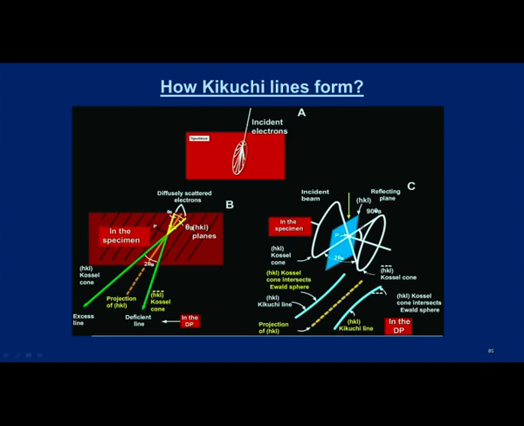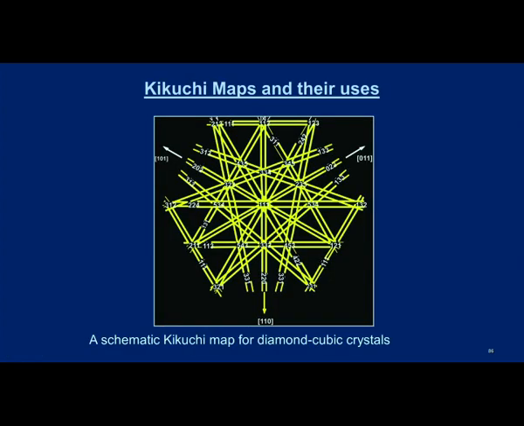That is because of the very small alpha which you experience in the electron microscope. So, this is the typical schematic of a Kikuchi map for a diamond cubic crystal.